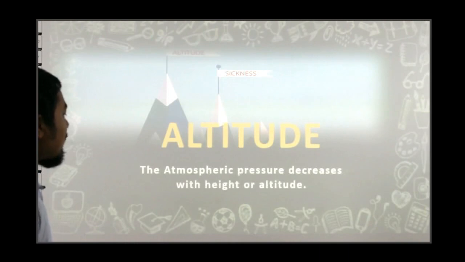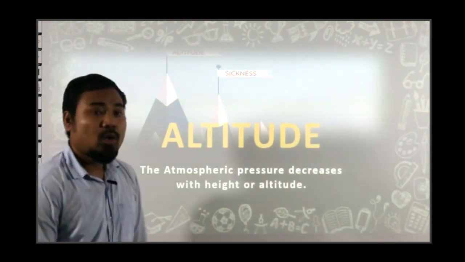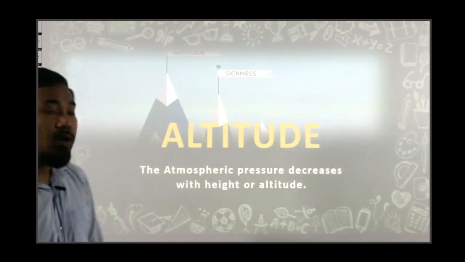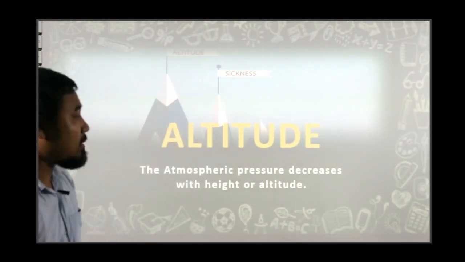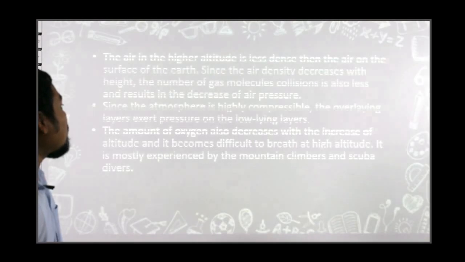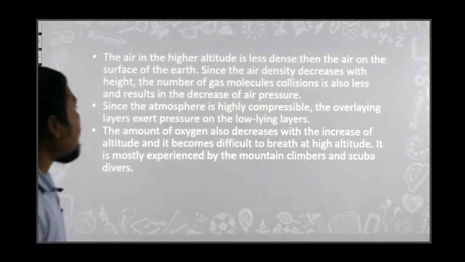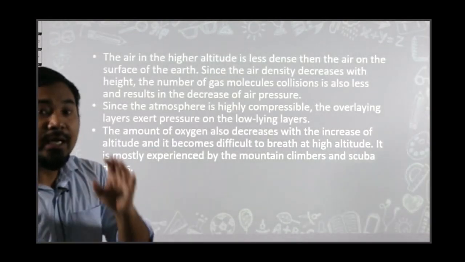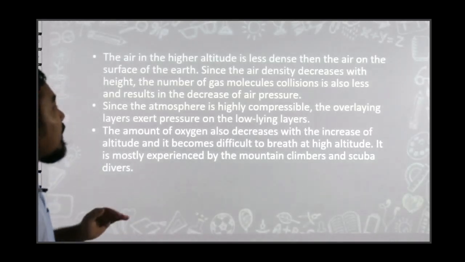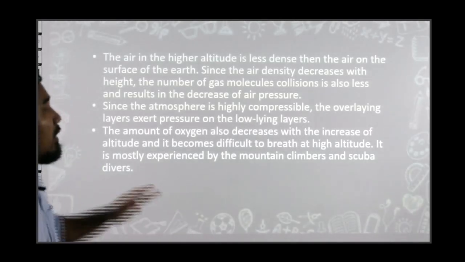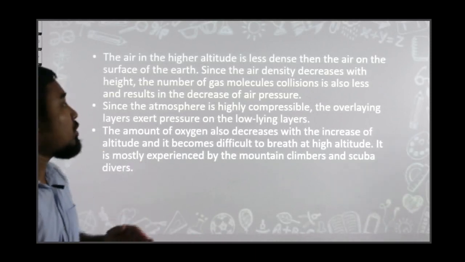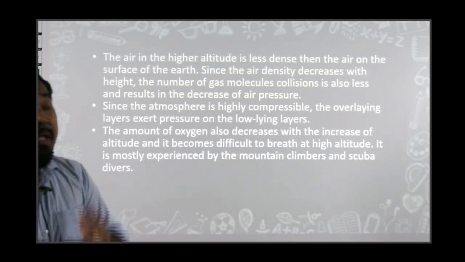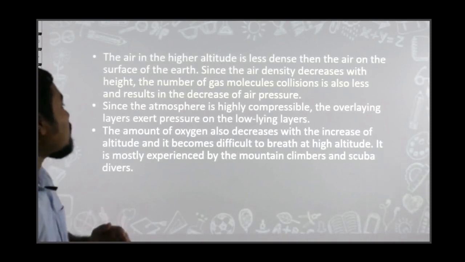Here it says the atmospheric pressure decreases with the height or altitude. Means if you go up, the pressure will decrease. How does it happen? The air in the higher altitude is less dense than the air on the surface of the earth.